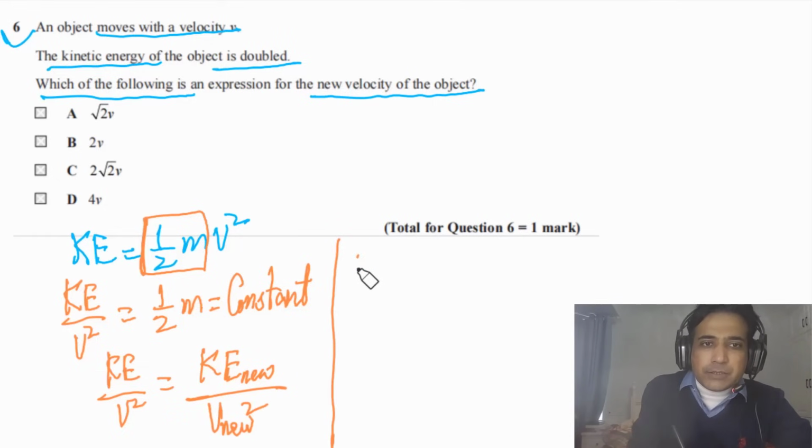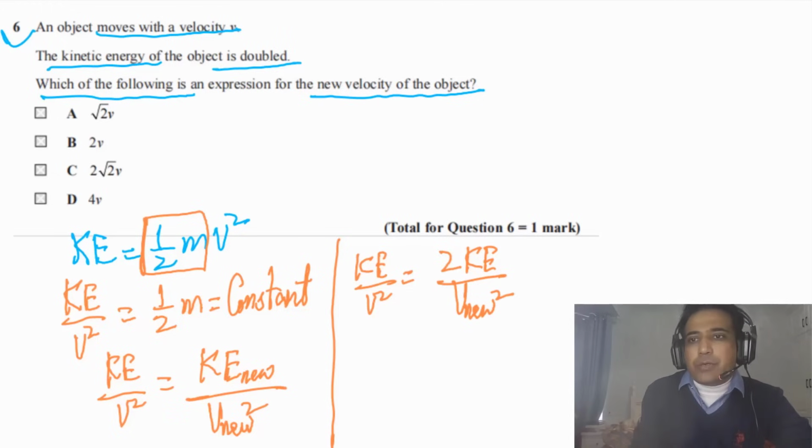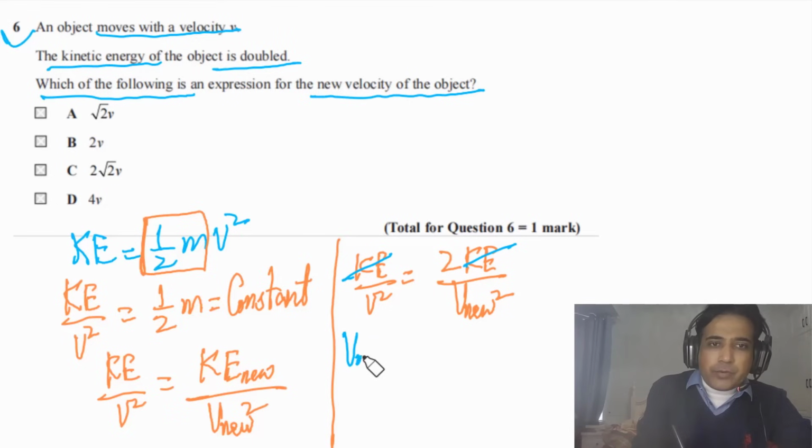For this question, it is given to us the new value of kinetic energy. The new value is equal to 2 times KE divided by V new squared. From here we can simply cancel this KE with this KE, and we can write down that V new squared is equal to 2 times V squared.